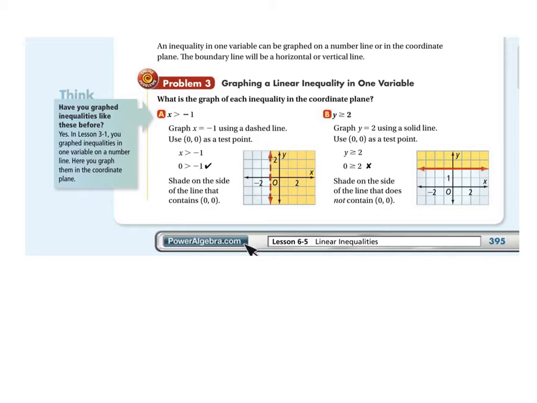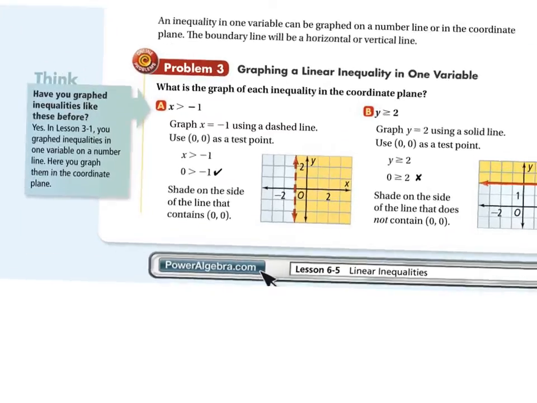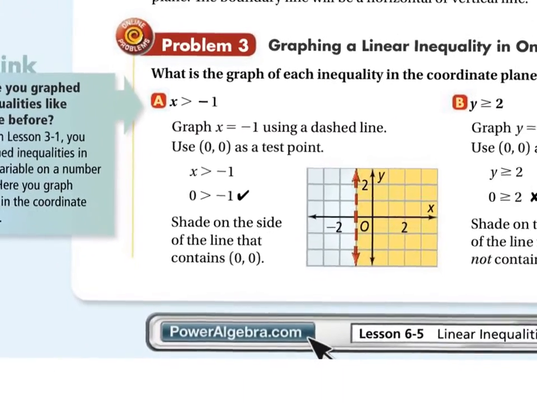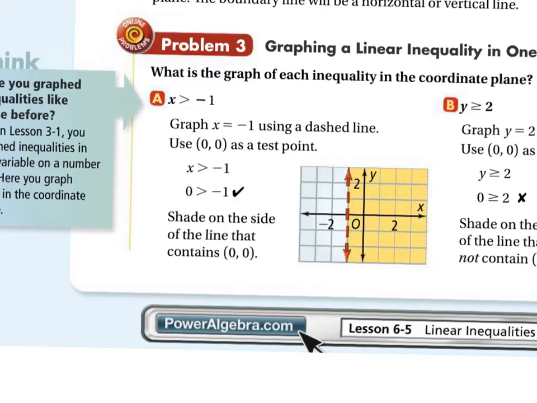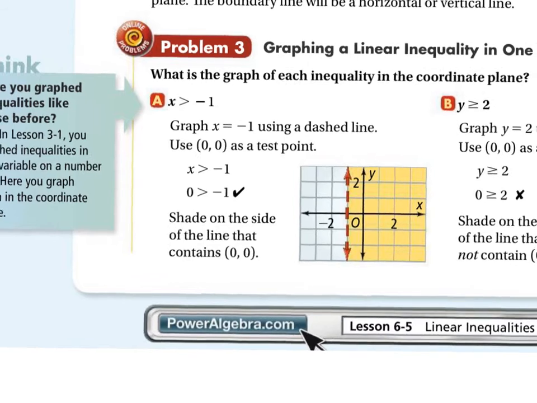We can also graph inequalities if we only have one variable. In the past, we always did this just on a number line, but you could have two variables, but just one variable in the inequality, and you could still graph this. So for problem 3, part A, x is greater than -1, we could graph the line x equals -1.